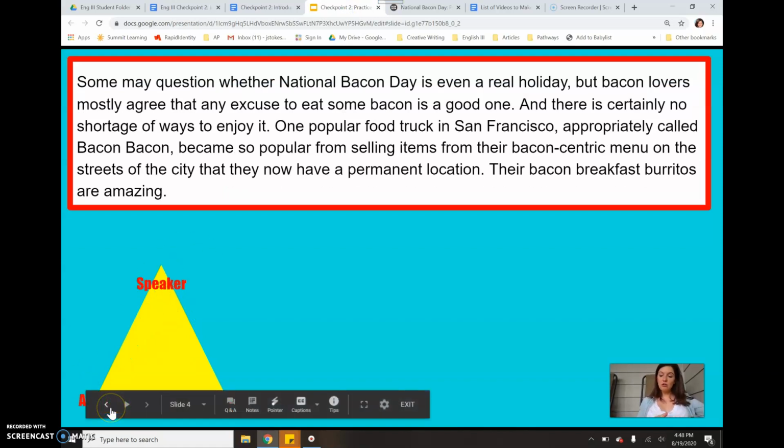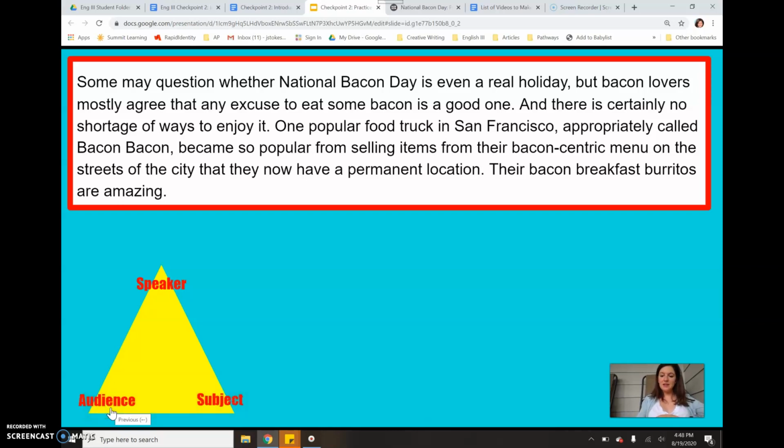The audience is a general audience who appreciates bacon, but it's the idea that it's not going to be so sophisticated that anyone can't hop onto the internet and understand what they're saying. One thing that might help you with a general audience: a lot of times when students think about a general audience, they think about somebody who has a better reading level than them, but you guys actually have a higher reading level than a general audience.